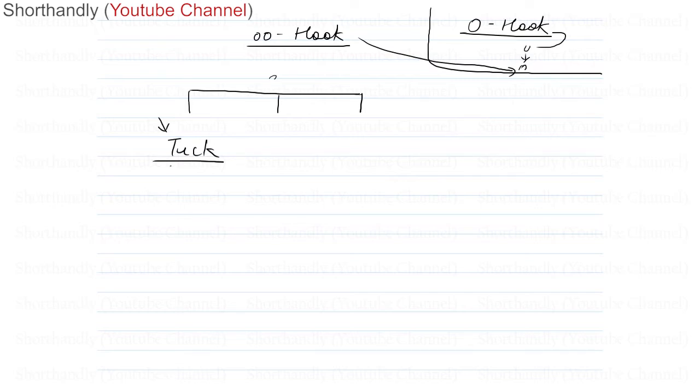The second one is the oo sound as in took, because if you pronounce it, it goes like took. And the next one is the oo sound as in tomb.